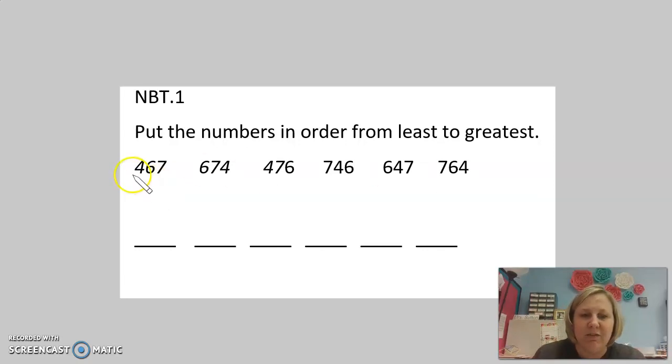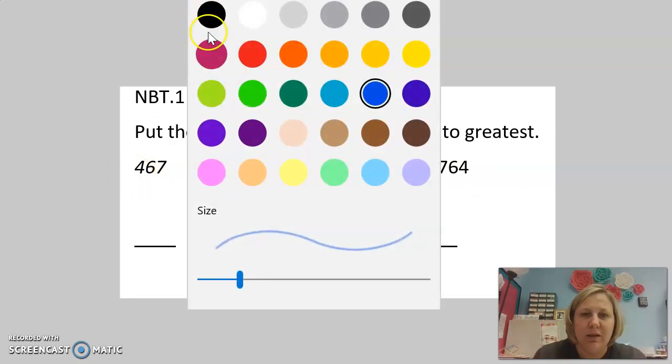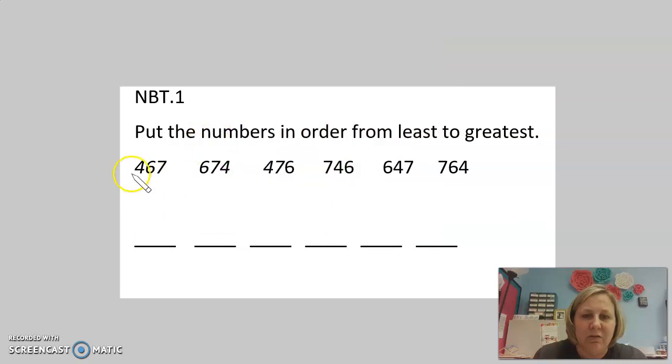So here I see a 400, a 600, 400, 700, 600, and 700. So I have to think, out of those hundreds, which one is worth the least?